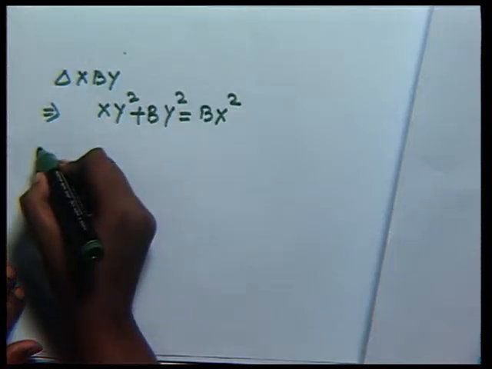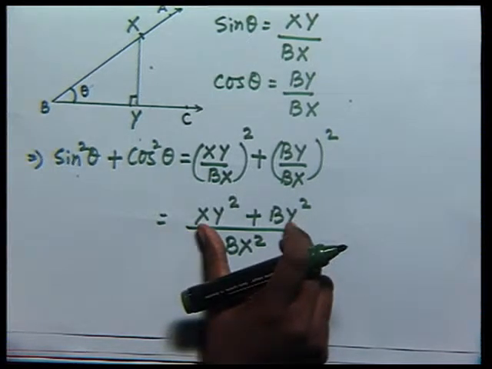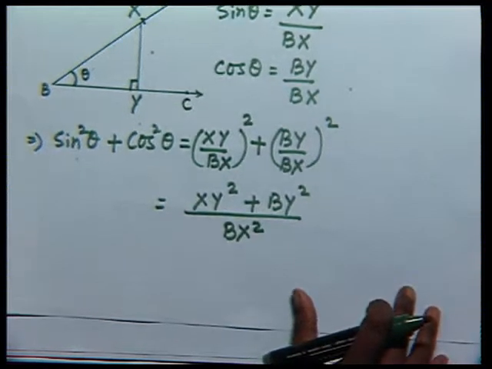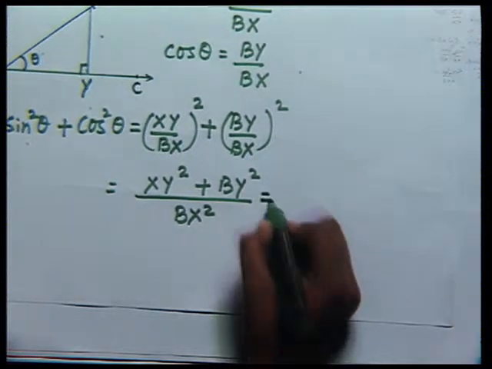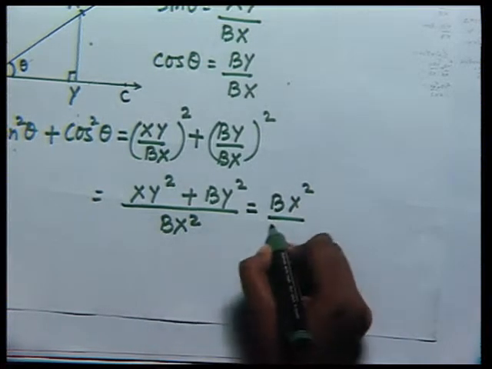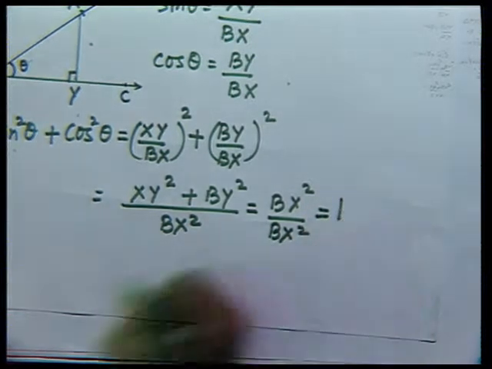So, now this expression XY square plus BY square can be replaced by BX square as we have just now proved. So, this is equal to BX square upon the denominator, which was already BX square. So, this is equal to 1.